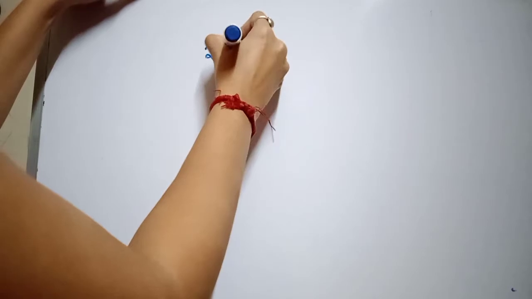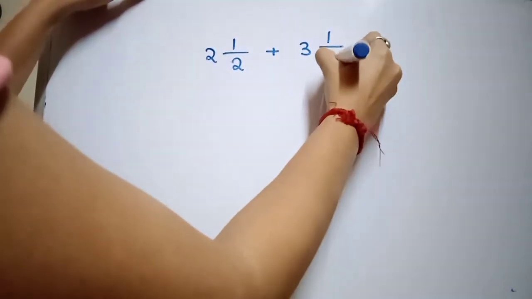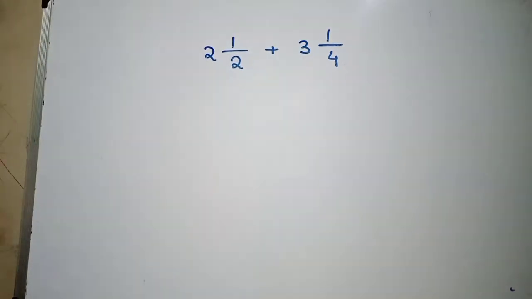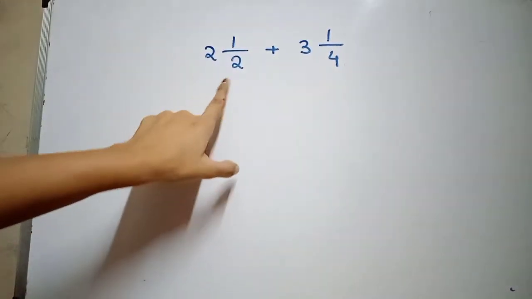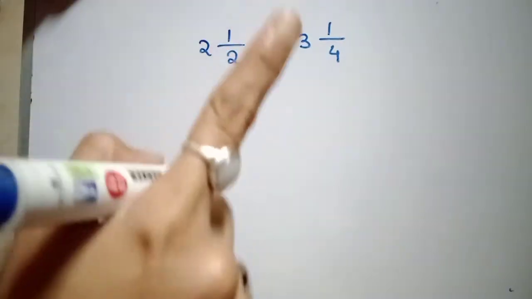Suppose I have this mixed fraction with me, and with it I am adding this one. Now what I have to do is convert them to improper fractions. We can do it in two ways.